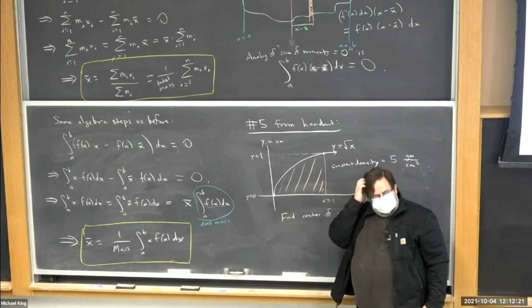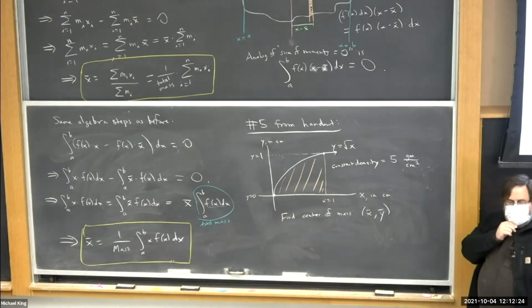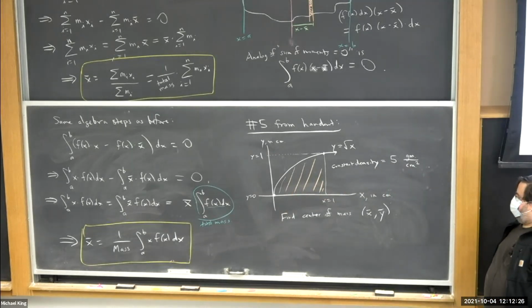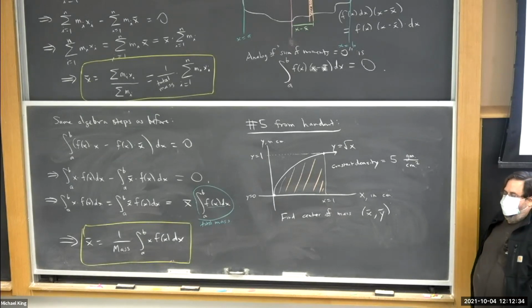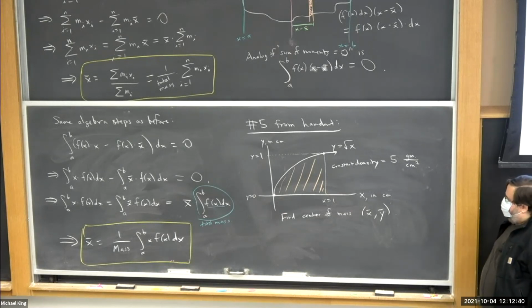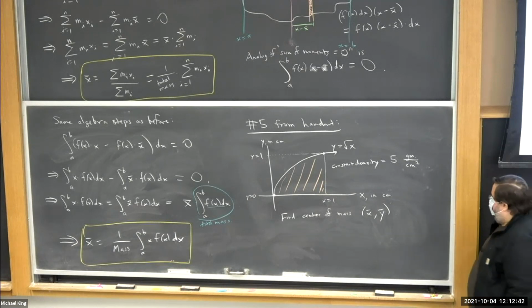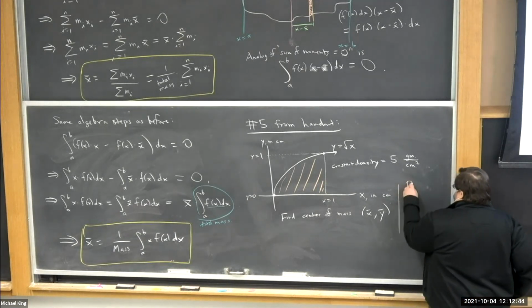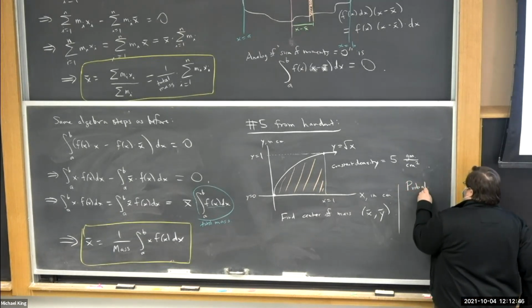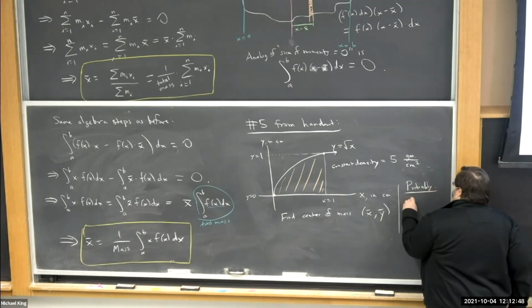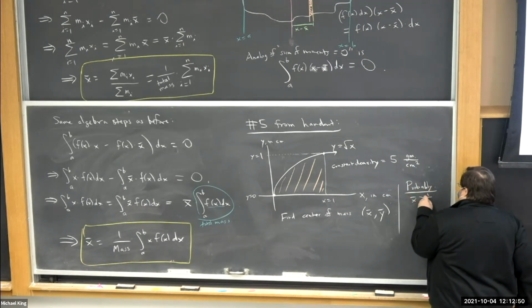So what could you maybe guess about x bar? Very broad, I'm not asking you to tell me the exact number. Yeah, so probably greater than a half. I just want to see if we get answers that make sense, right? So probably x bar is bigger than a half.